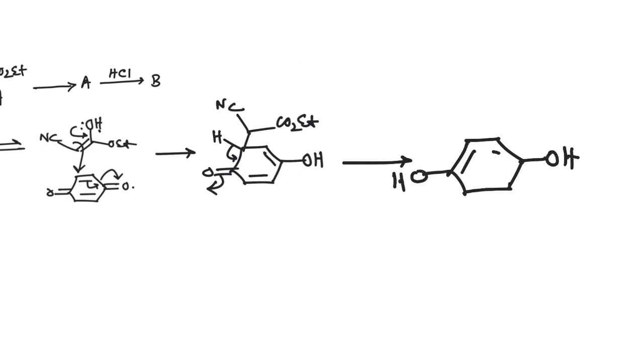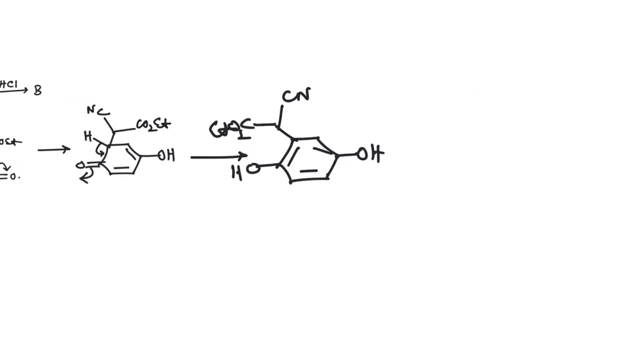Now many people thought that this would be product A, the CN CO2Et compound. But this is not actually product A, because this will again undergo oxidation in presence of unreacted para-benzoquinone. If you compare the reduction potentials of these two, you will see that the reduction potential of this system is lower compared to this.